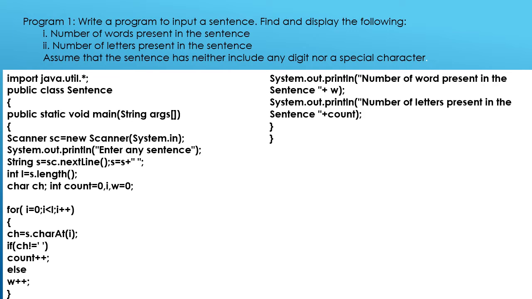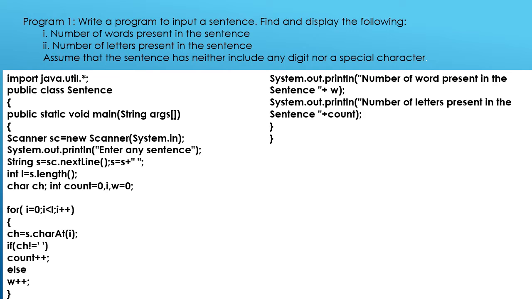Find out the individual character by using ch = s.charAt(i). The character is to be compared with the space. If it is not equal to space, then count = count + 1, else w = w + 1.